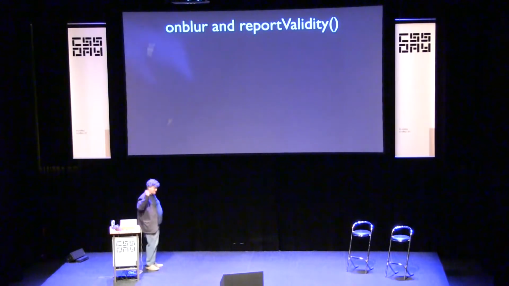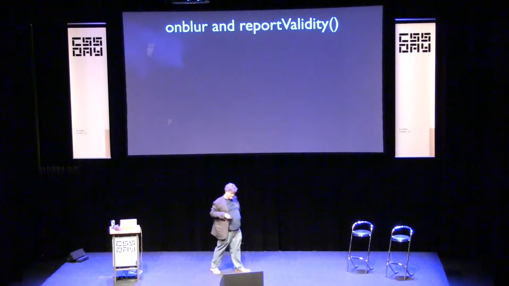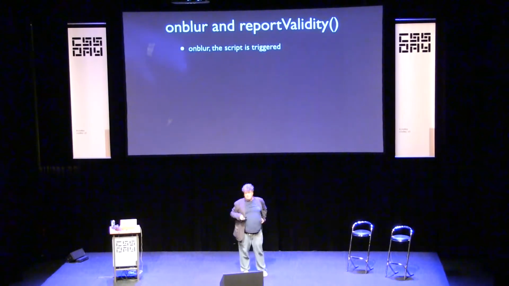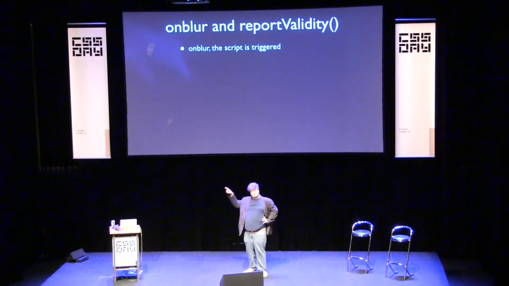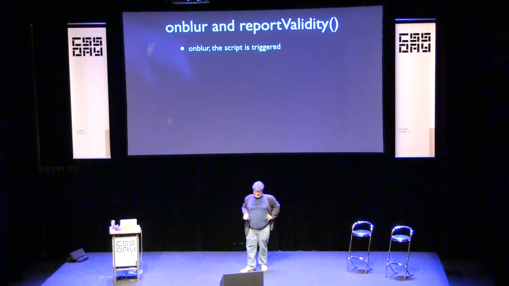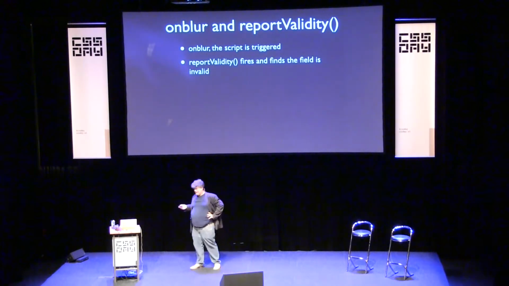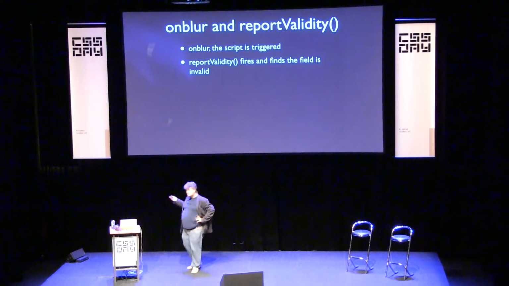Anyway, with this knowledge in mind, we can find out what happened in Safari and Chrome. What happens is the following. A blur event occurs, right? The user leaves the form field because the user has filled it in. The script is triggered. That's perfectly normal. That's exactly what we want to happen. Report validity fires. This is also what we want to happen, right? It's in our script and finds the field is invalid.